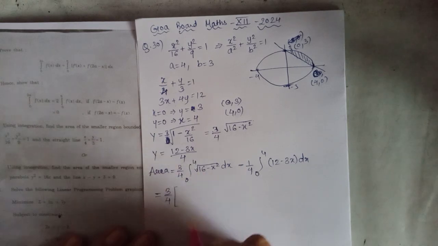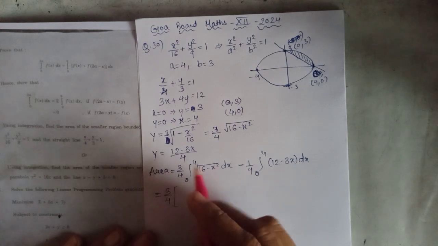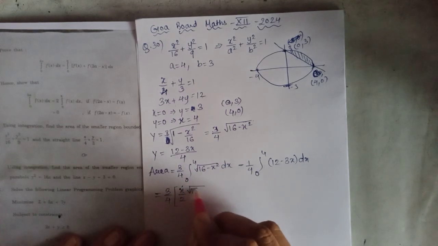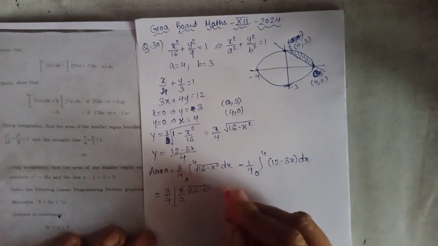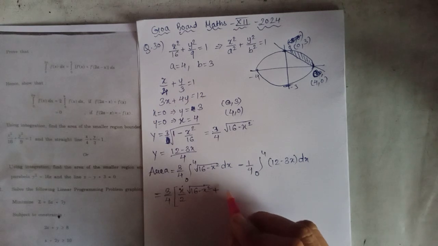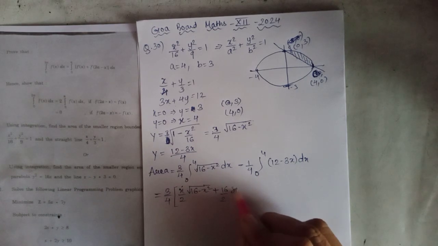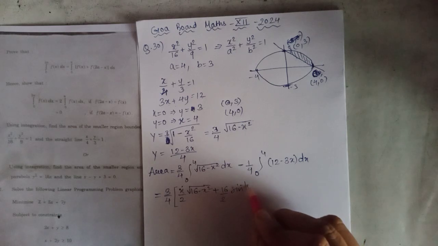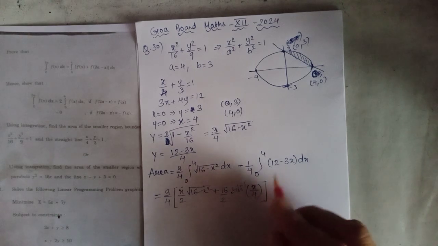Using the formula, this is x by 2 root of 16 minus x square plus a square by 2 sine inverse x by a, from 0 to 4.